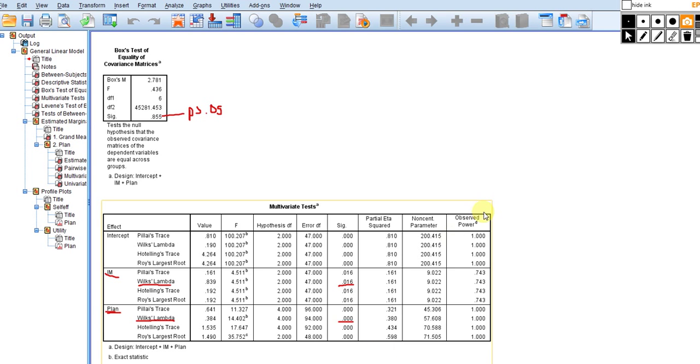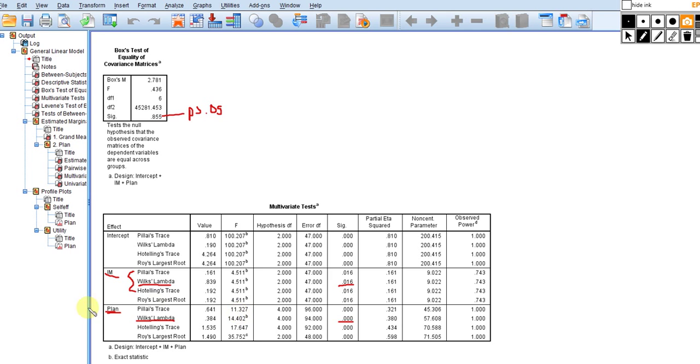When you're looking at between groups effects, you'll notice that the F values and so forth, there will be differences on a number of these table values, and that's reflecting the fact that each of these tests actually provides a different lens for looking at the multivariate effect of plan on the dependent variables.